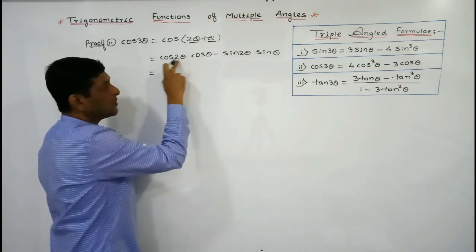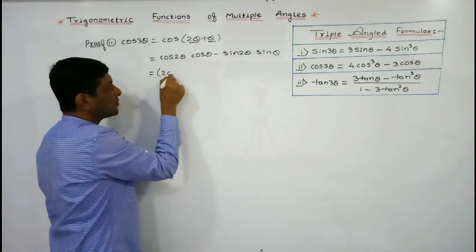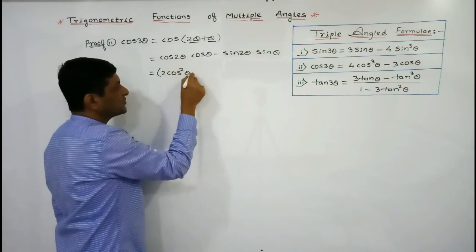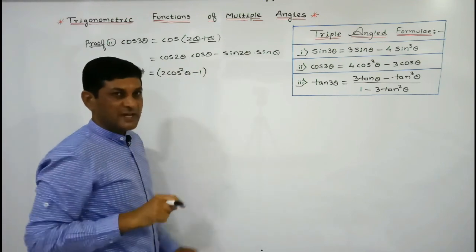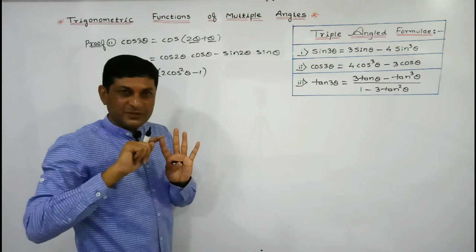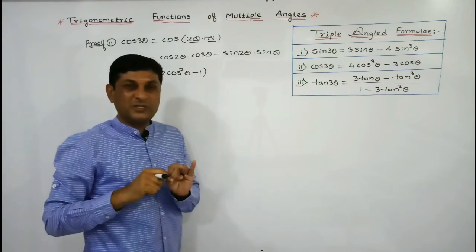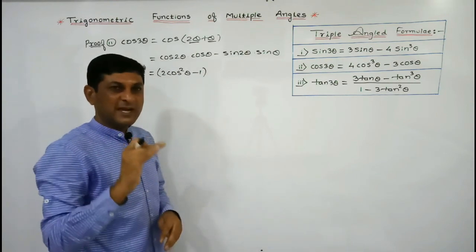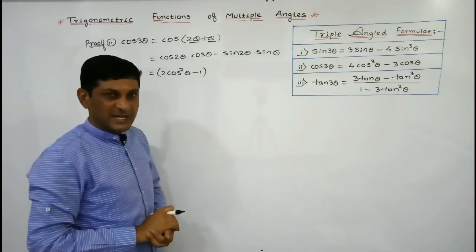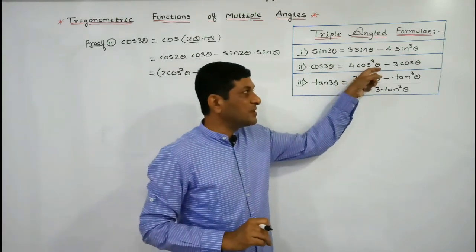According to the double angle formula of cos 2 theta, one of the values is 2 cos square theta minus 1, because we have seen that cos 2 theta has 4 values. First value is cos square theta minus sin square theta, second value is 2 cos square theta minus 1, third value is 1 minus 2 sin square theta, and fourth value is 1 minus tan square theta upon 1 plus tan square theta. So which value we have to utilize depends on the result.